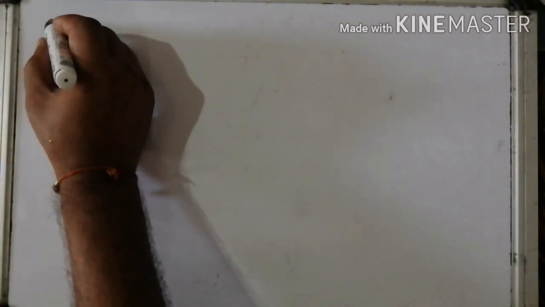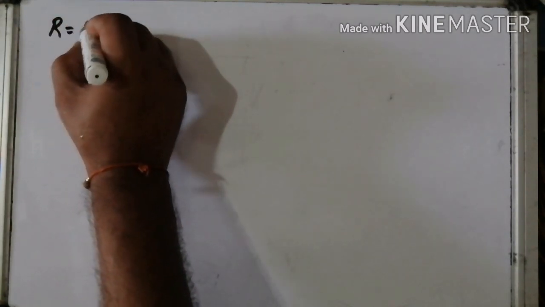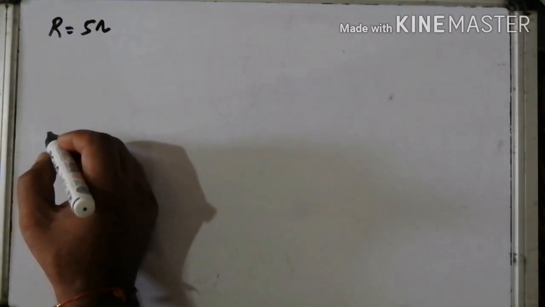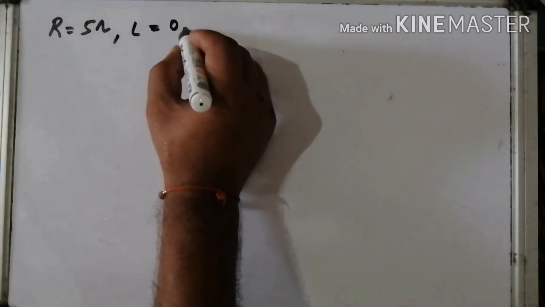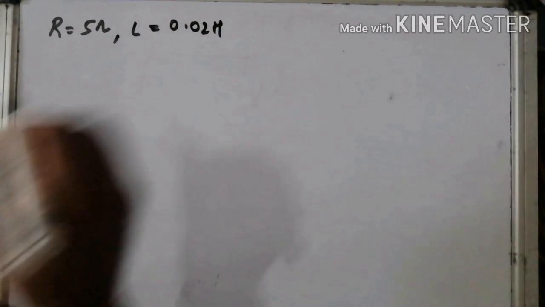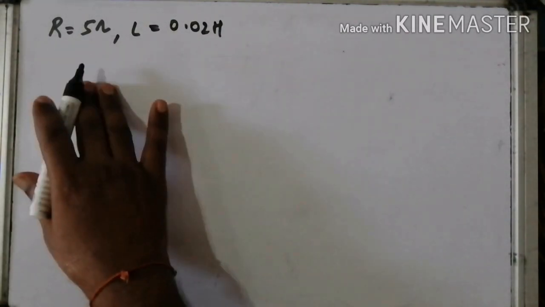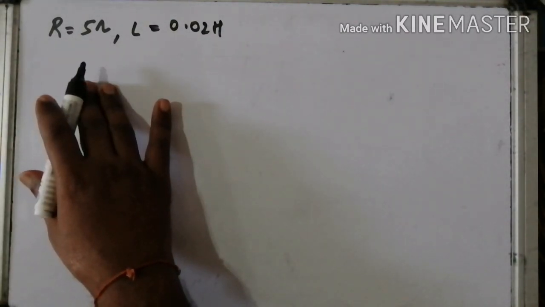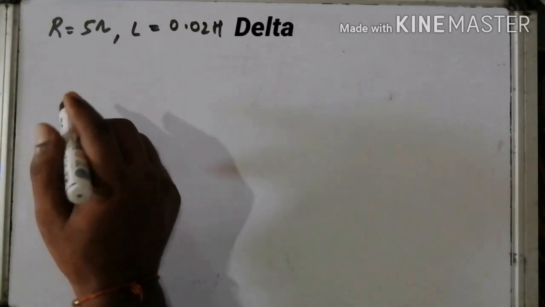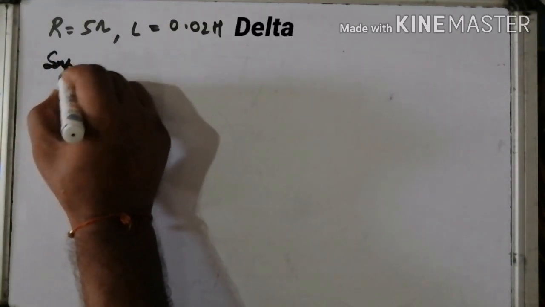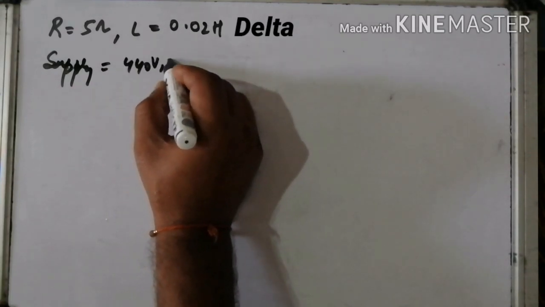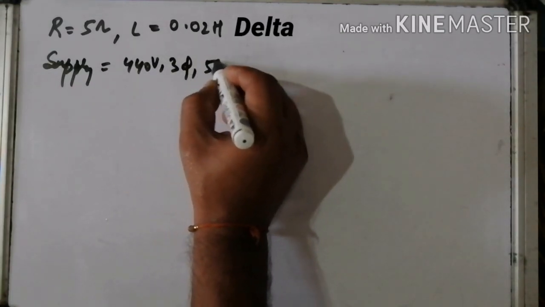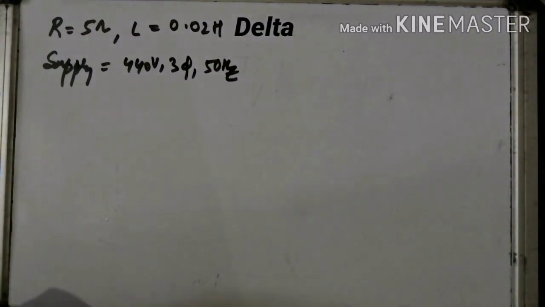Now according to the question, the value of resistance is 5 ohm and inductance, that is 0.02 Henry. Such type of three similar coils are connected in delta to a supply 440 volt, 3 phase and 50 Hertz.